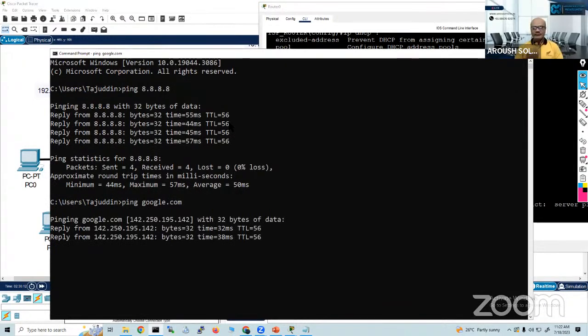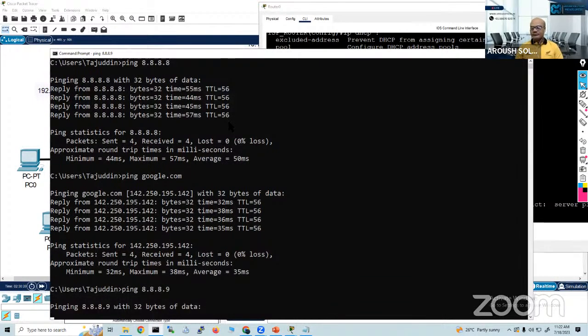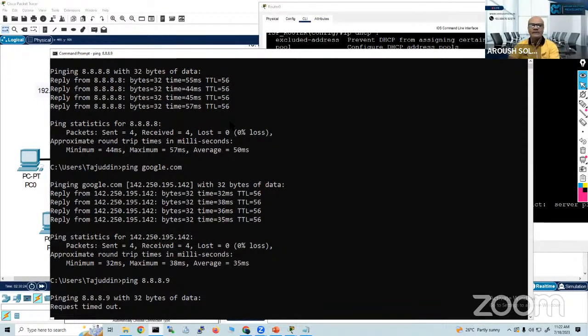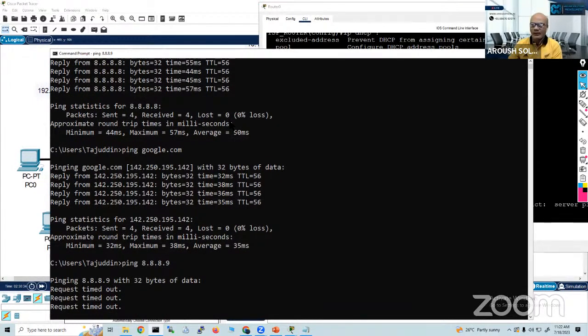I'm getting a reply, which means we are connected. Google has given only this one IP, 8.8.8.8. So make it a habit. We can use the same 8.8.8.8 for all our internal networks. Right now we are talking about your internal network.